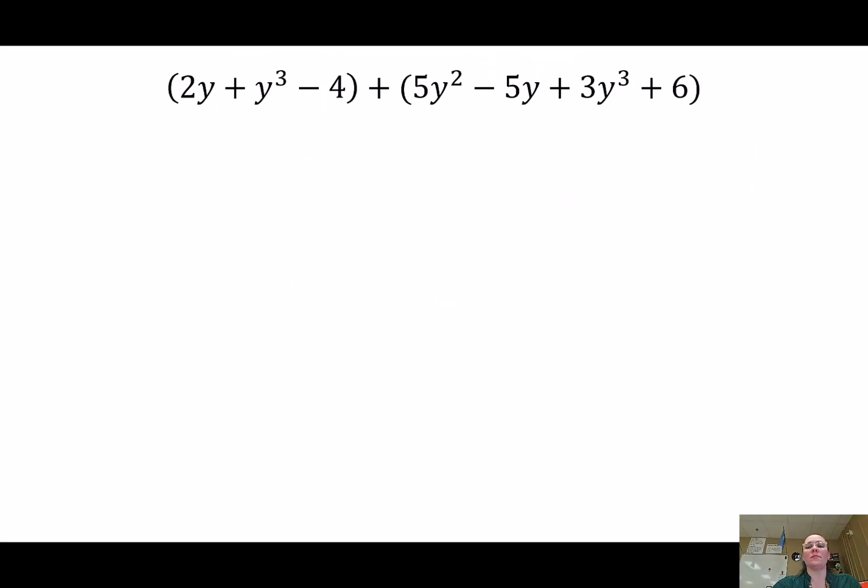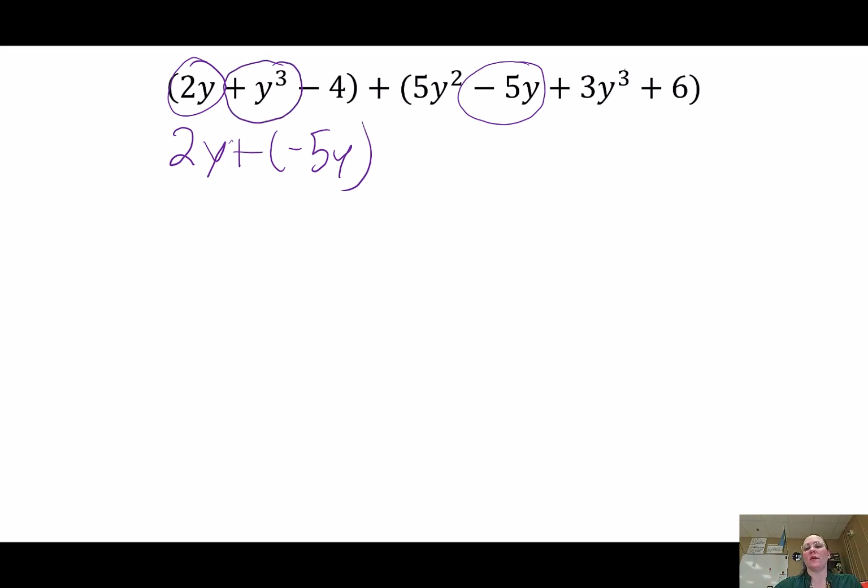So 2y plus 5y squared, so I've got 2y plus, sorry, negative 5y. Now, y cubed, I do have another y cubed over here, so plus y cubed plus 3y cubed.